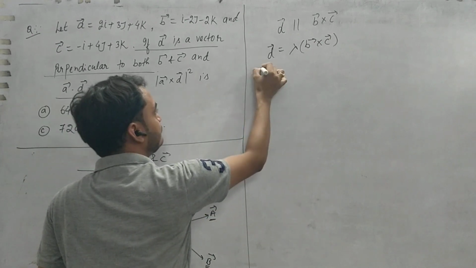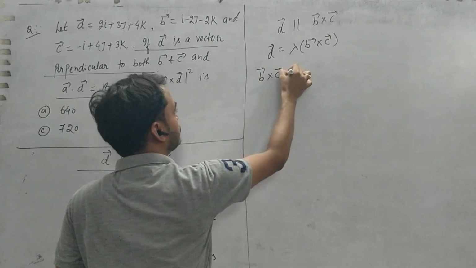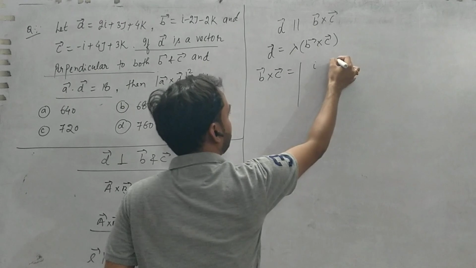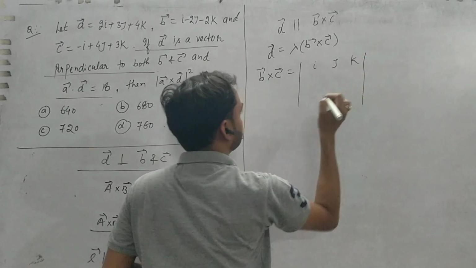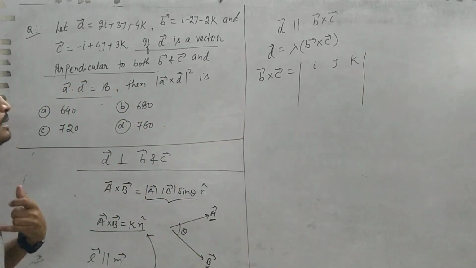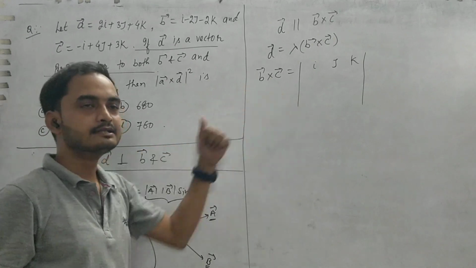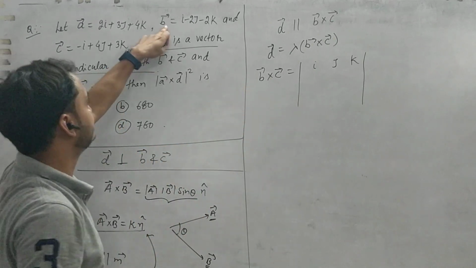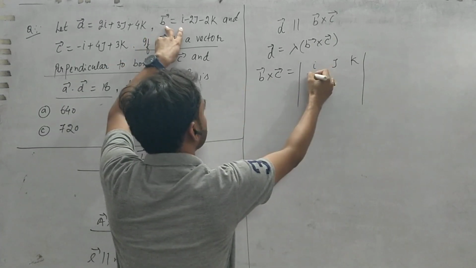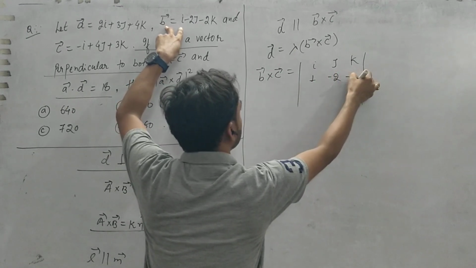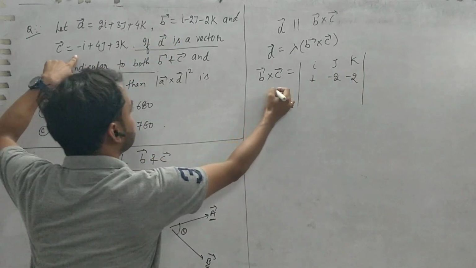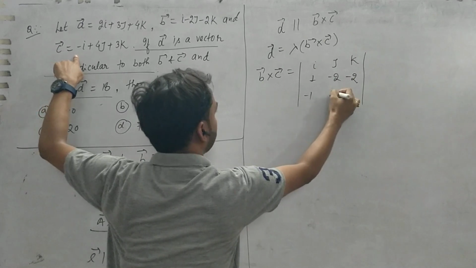For the time being we are calculating the cross product B cross C, which we all know can be found by the determinant method by putting the coefficients of B and C vector. So we are putting the coefficients of i, j, k in B vector, that is 1, -2, -2, and for the C vector it is -1, 4 and 3.